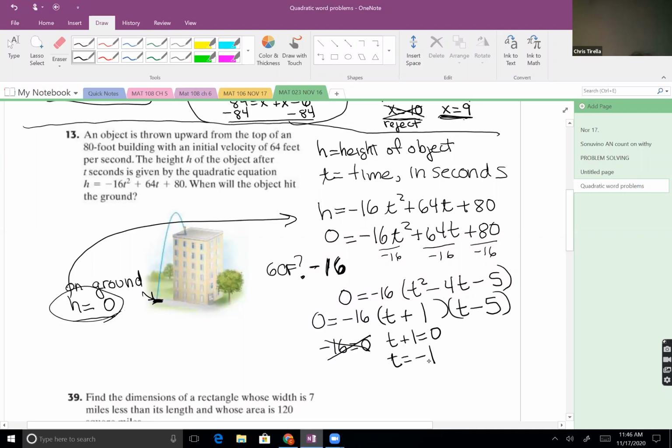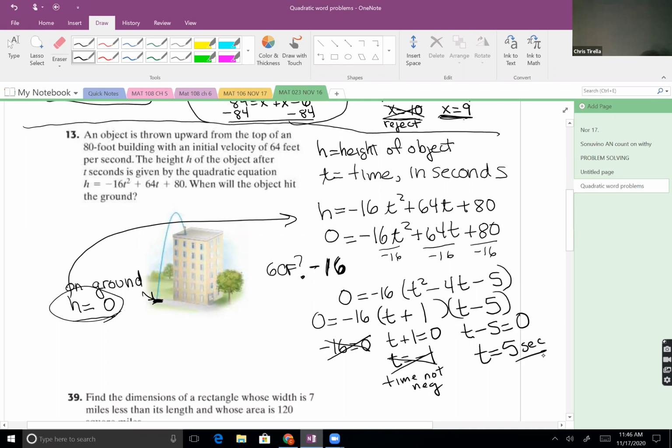Can we have negative time? No. So time's not negative. And so here, when I take t minus 5 equals 0, if I add, I get t equals 5.